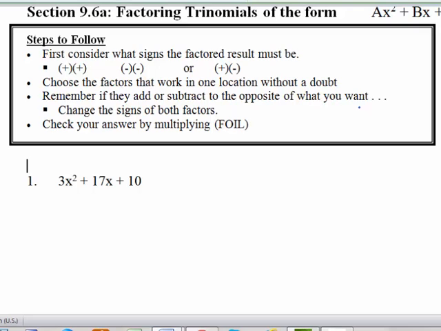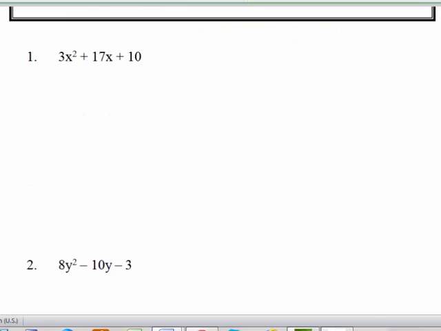3x squared plus 17x plus 10. As we're looking at this first problem, first of all, what are our signs? Well, the second one has the sign of a positive 10, and so our signs must be positive and positive. That's the first step in our process. Our second step is to look at our different factors.